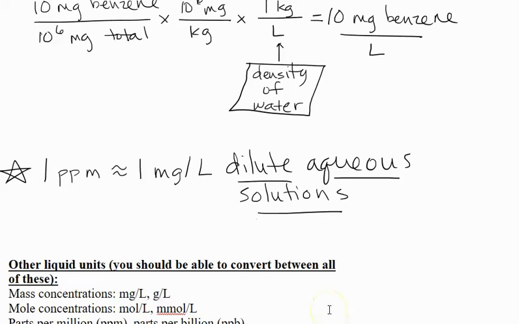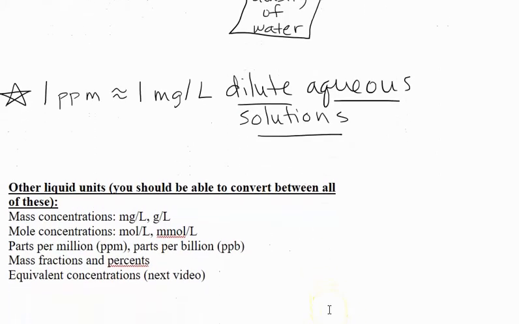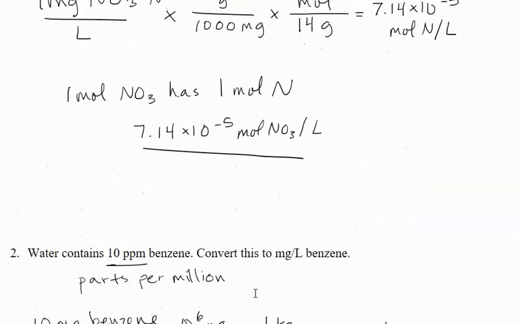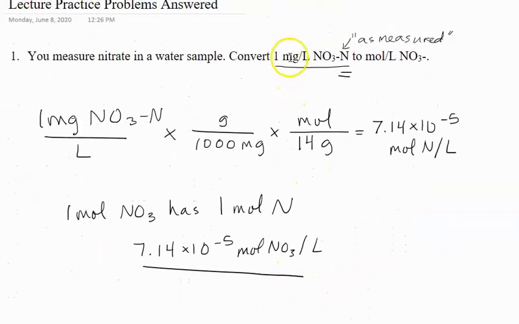So remember it, and remember when to use it. There are 2 examples. I've done one example with this idea of as-measured concentration, where you see some sort of ion, most of the time, and it's dash some sort of element.